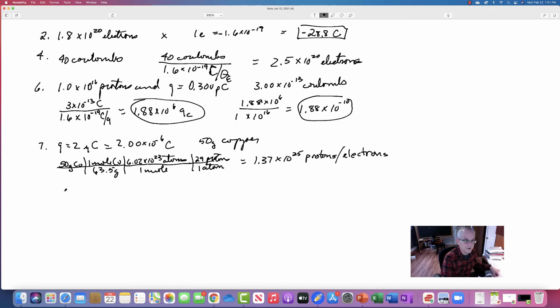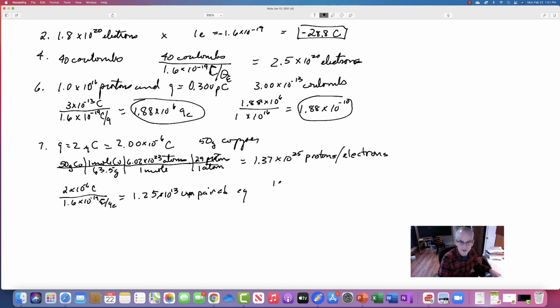But now you do have a charge of 2 times 10 to the minus 6 coulombs. And you know that 1.6 times 10 to the minus 19 coulombs per equivalent. And so that means you have a total of 1.25 times 10 to the 13 unpaired equivalents.